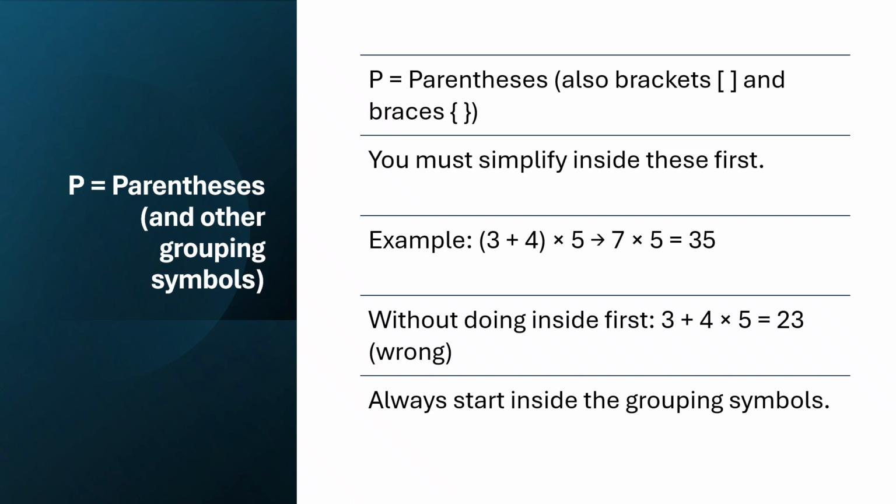If you skipped that and did 4 times 5 first, you'd add 3 and get 23, which is incorrect. So the rule: when you see any grouping symbol, simplify inside it first. This step ensures the rest of the expression is done on the right foundation.